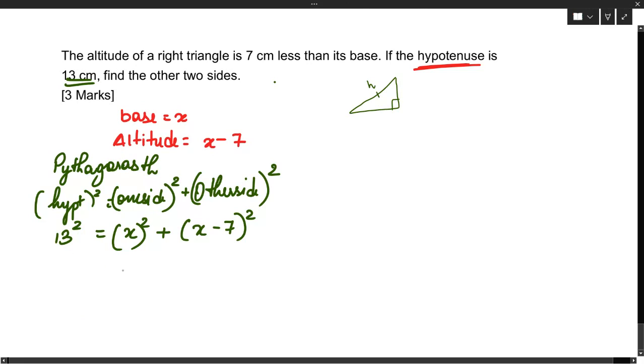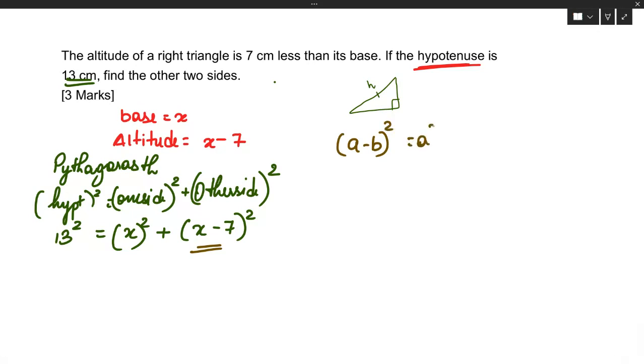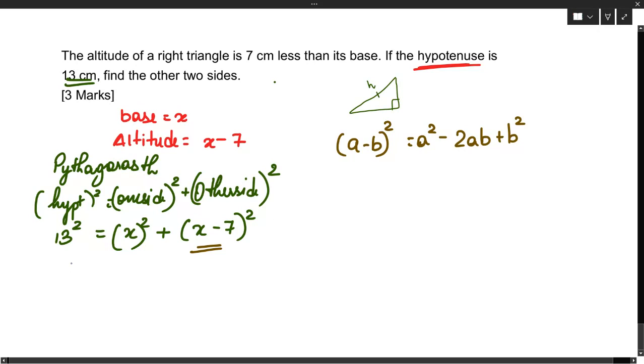Now what we can do? We can use one of the identities for splitting this one. a minus b the whole square is equal to a square minus 2ab plus b square. Do you remember that? One of the identities.